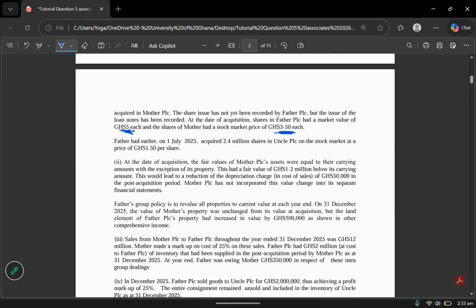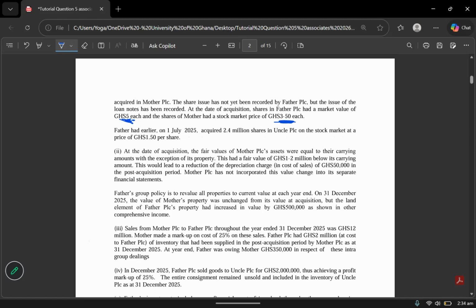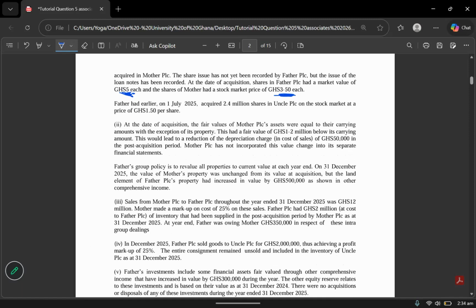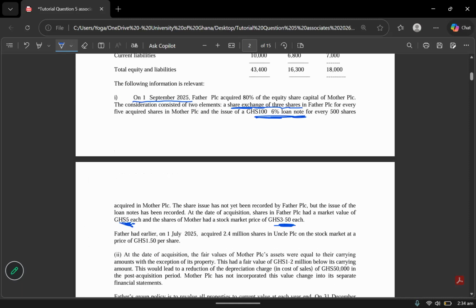Father had earlier, on 1st July 2025, acquired 2.4 million shares in Anchor PLC on the stock market at a price of 1.50 per share. So 2.4 million shares. You look at the percentage in Anchor PLC.